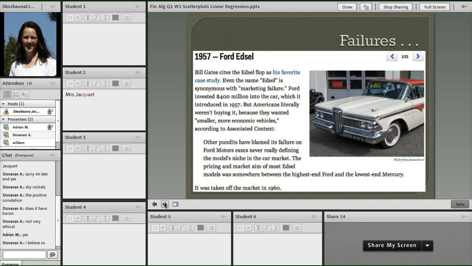And then this is the biggest flop or one of the bigger ones. I've personally not heard the term Edsel, but I'm not in marketing, and my guess is that's a marketing one. So they had this vehicle out there that they were trying to do, and it just didn't work out. Do you guys know of any other vehicles that didn't work out?